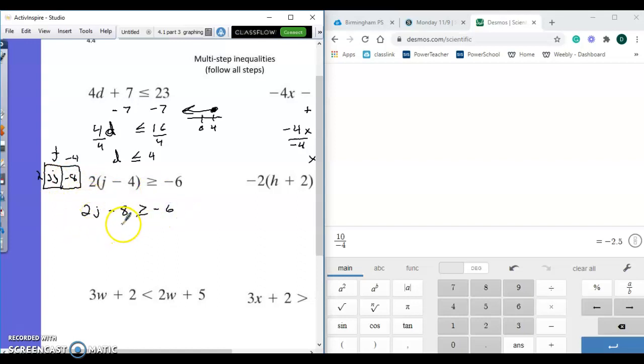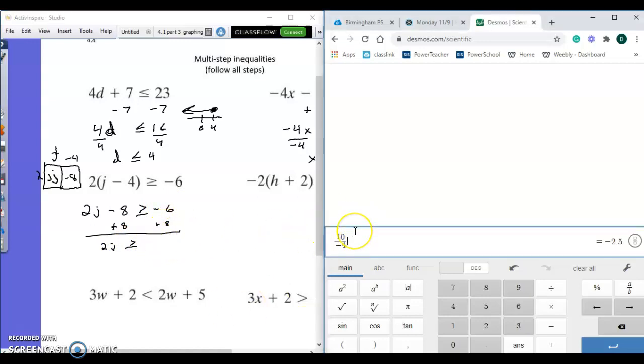Now we have to isolate that j, so we add 8 to both sides. That will give us 2j greater than or equal to negative 6 plus 8. Let's trust our calculator on these guys. Make sure we're getting them right. Negative 6 plus 8 is going to give us a positive 2.